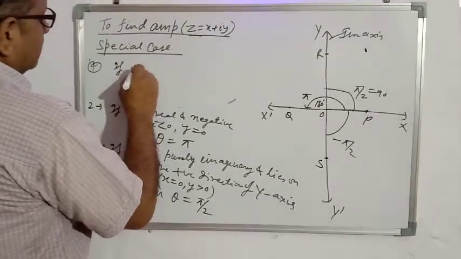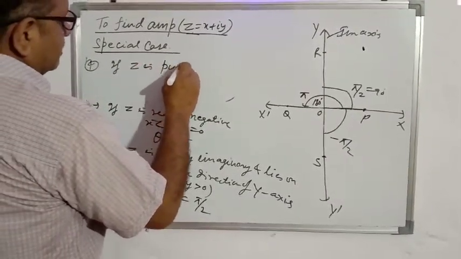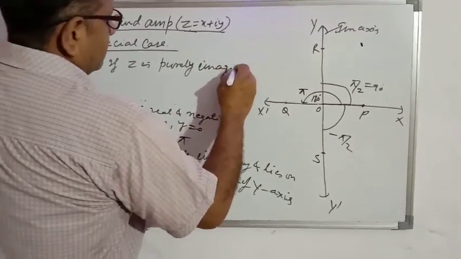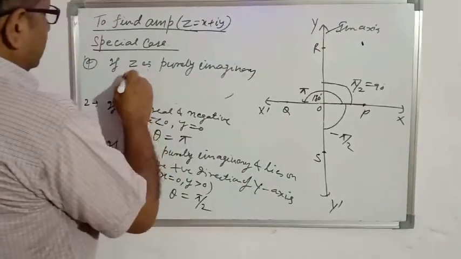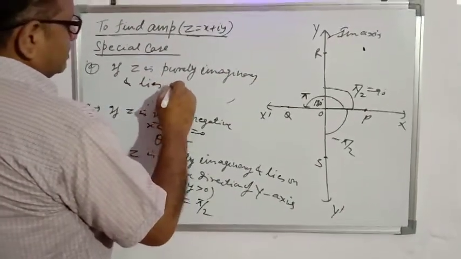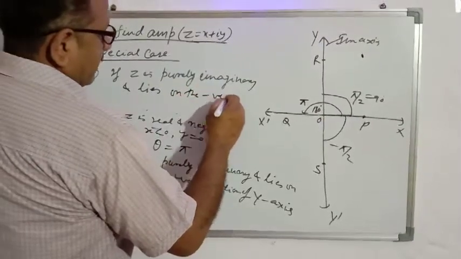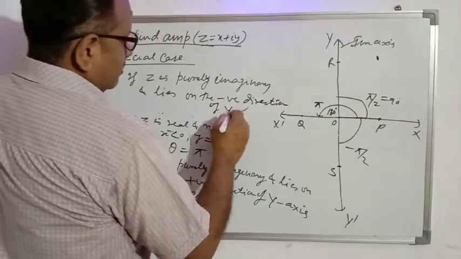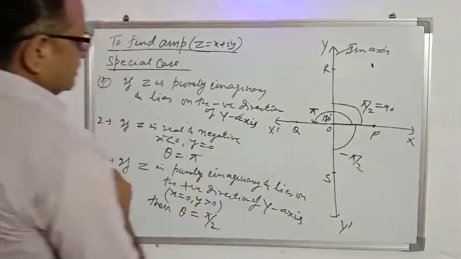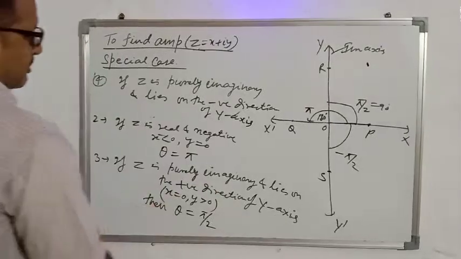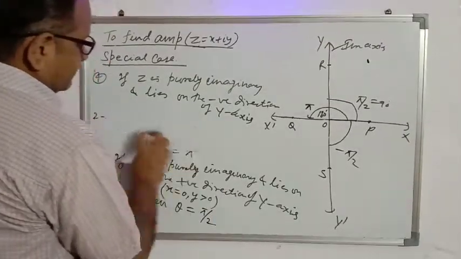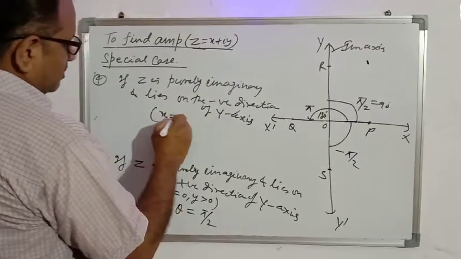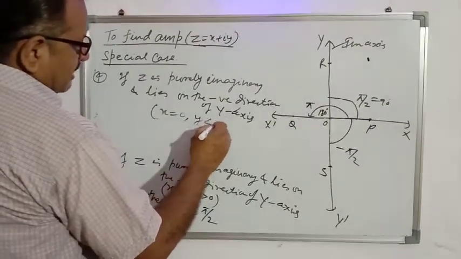If z is purely imaginary and lies on the negative direction of the y-axis, it means x is 0 and y is less than 0.